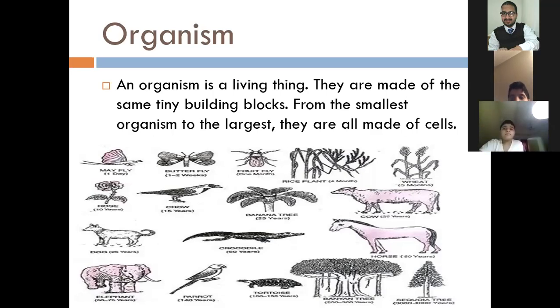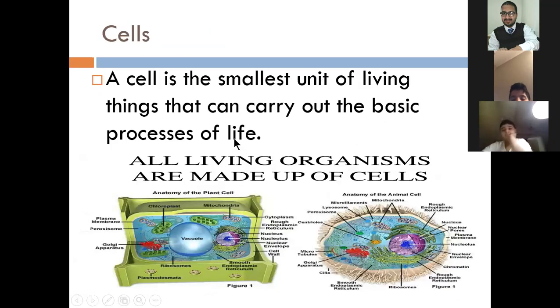Okay. After organism, we know that they may be animals or plants. They are all organisms. Now, after this, we move to the second definition, that is about the cell. What is a cell? We know very well, we discussed the cell in detail. A cell is the smallest unit of living thing. The smallest unit of a living thing can carry out the basic processes of life.